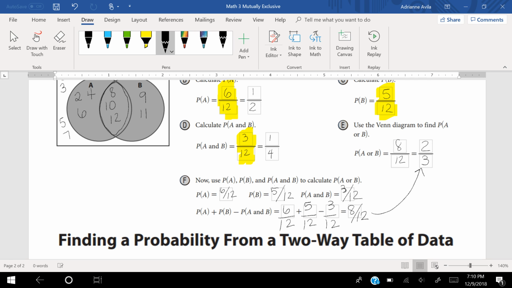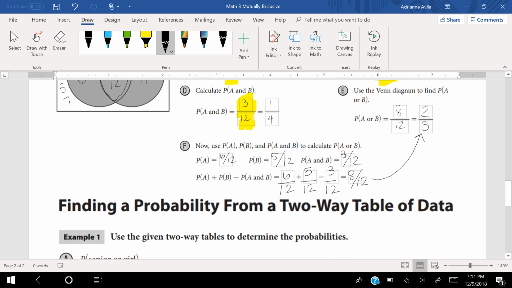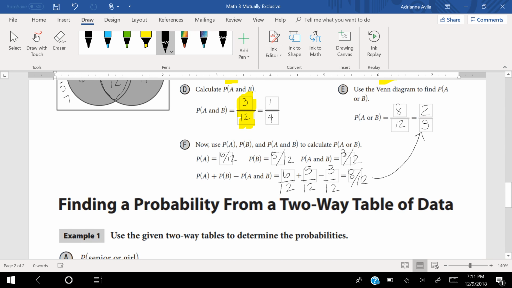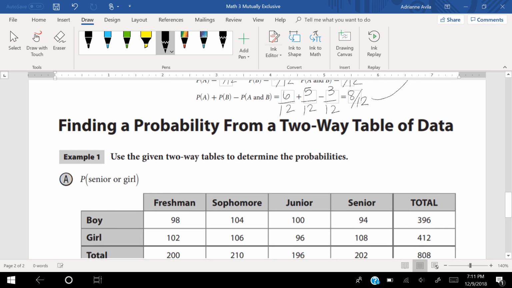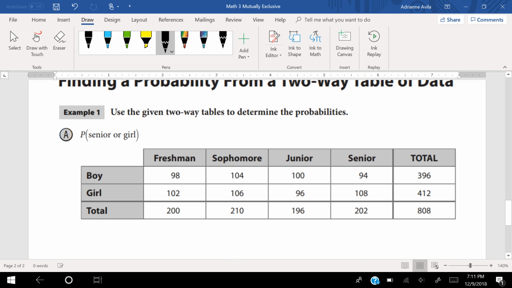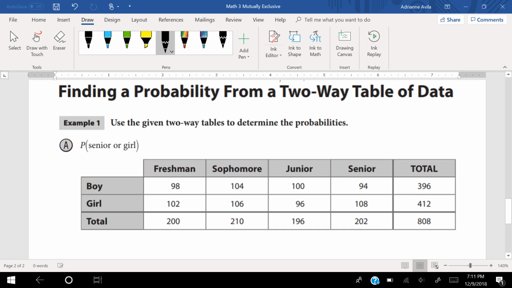All right, so those are some mutually exclusive and overlapping events. But we want to look at some other types of events that utilize those concepts. And one of them is finding probabilities from a two-way table. So what we want to do is use this two-way table to find the probability that we have a senior or a girl.